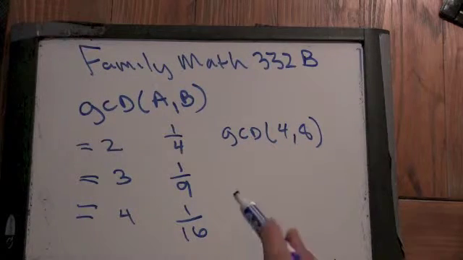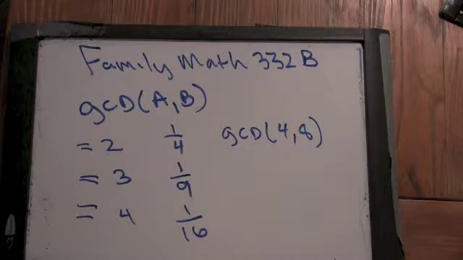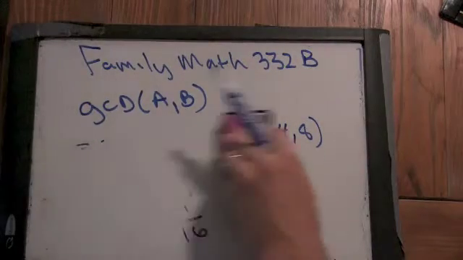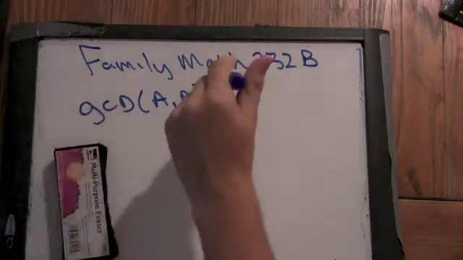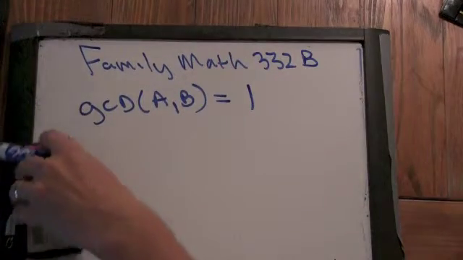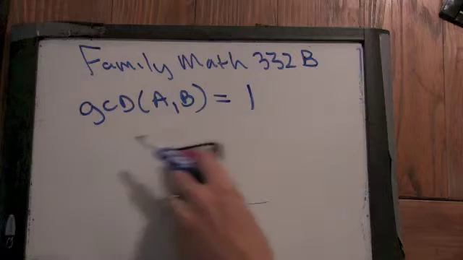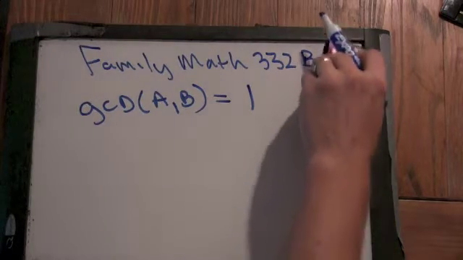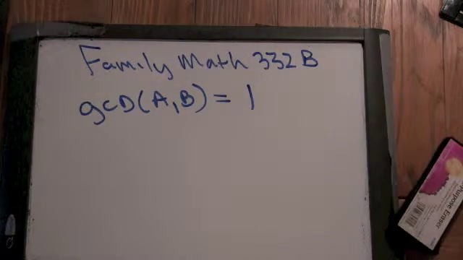Is to start by wondering, when does the greatest common divisor equal 1? So when are two numbers relatively prime? When they don't have any common factors. Well, if you have two numbers that are right next to each other, like 8 and 9, or 9 and 10, then the numbers are relatively prime.